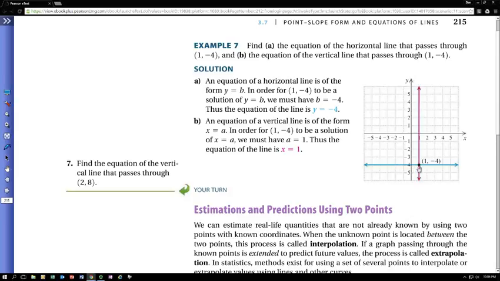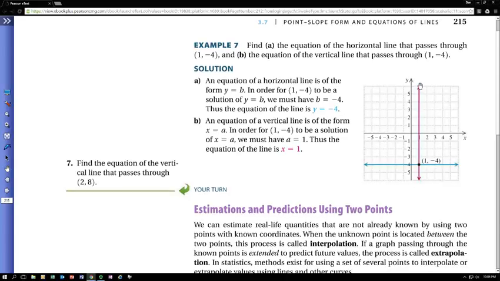For these 2 points the run is 1. But I get 0 over 1, or 0 over 5, or 0 over 4,000, depending on which points I take. The rise is always going to be 0. 0 divided by any number other than 0 is 0. So horizontal lines have a 0 slope. No problems there. It's kind of hard to compare with this reciprocal thing.